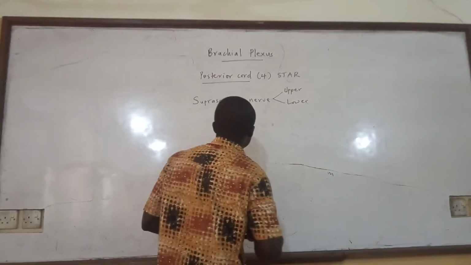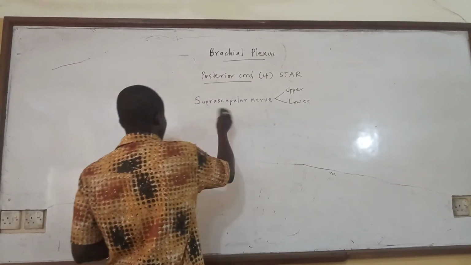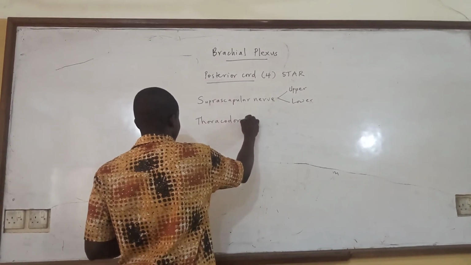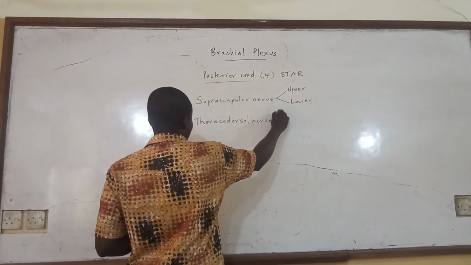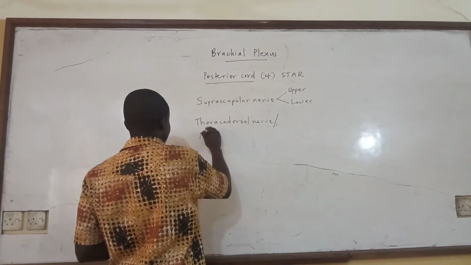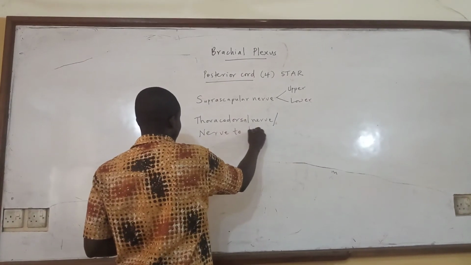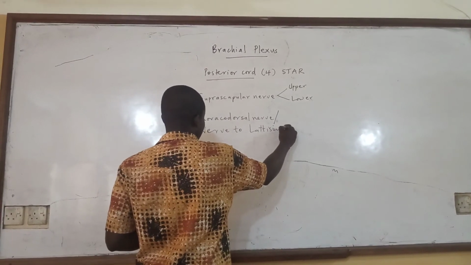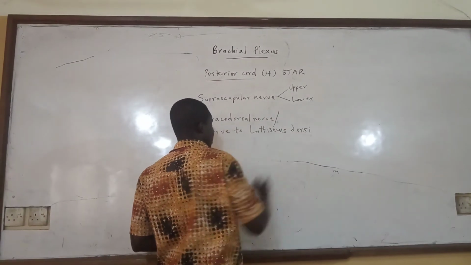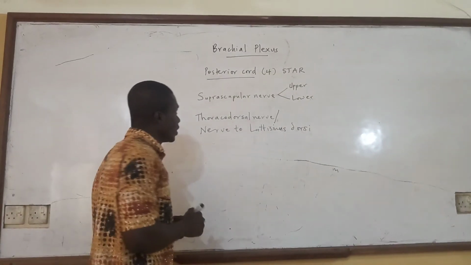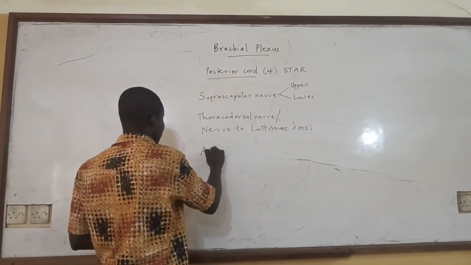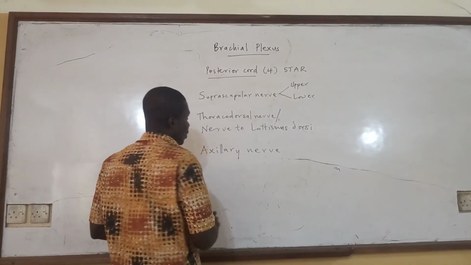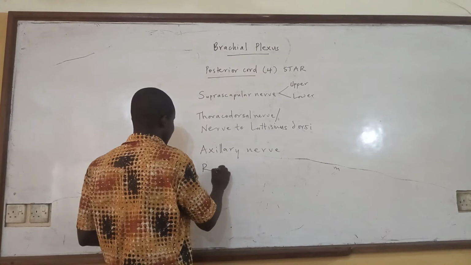And then T is for thoracodorsal nerve, or simply the nerve to latissimus dorsi. And then there is an A, which is the axillary nerve. And then there is an R, which is the radial nerve.